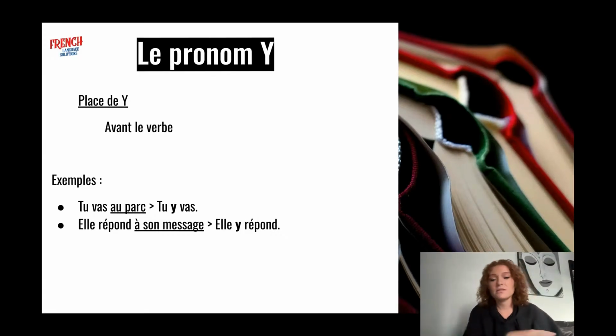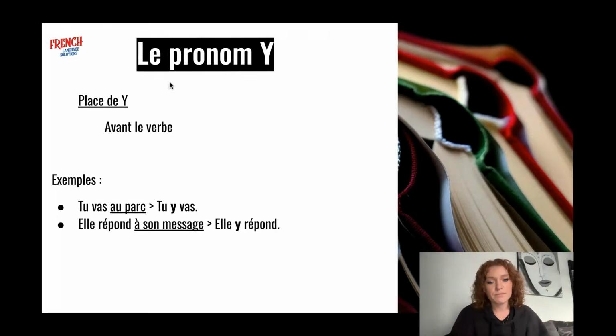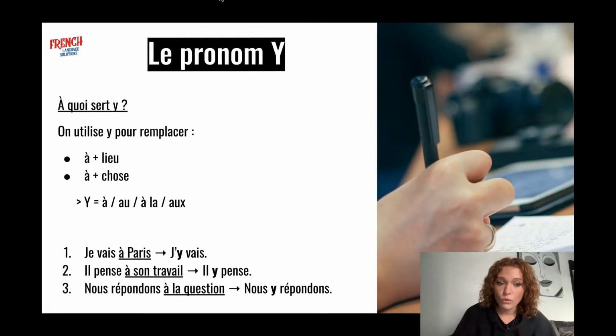The place of the y is the same as the en. It's always before the verb. So even if it takes the group of nouns that is after the verb, if you want to replace that group of nouns with this pronoun, you have to put this pronoun before the verb. Exemple, tu vas au parc. You go to the park. Here, tricky, because I told you that we can change to the pronoun y only if we have à. Here, we don't have à, we have au. The y is the same rule.